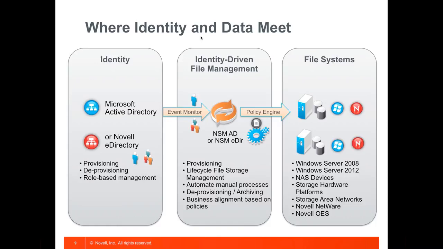When you put in the identity-driven file management piece, we listen for those changes, we feed them through the policy engine, and then we can create and or manage files, quotas, access to folders, and also provide things such as template files if necessary for people to do their job.